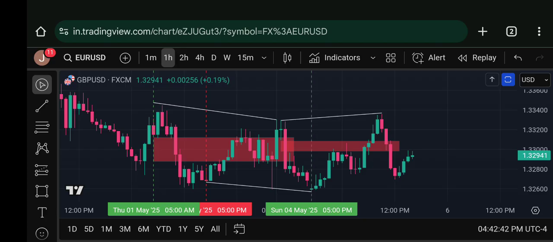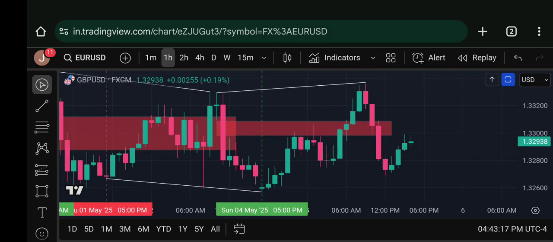When an asset makes SMT with another correlated asset, and one of them reaches the drawn liquidity, you must exit as soon as possible, because there's a higher chance that price, having already met the drawn liquidity on one pair, will not do so on another pair, because one of the objectives is reached on one pair. That's what happened here, guys. So that was my mistake.